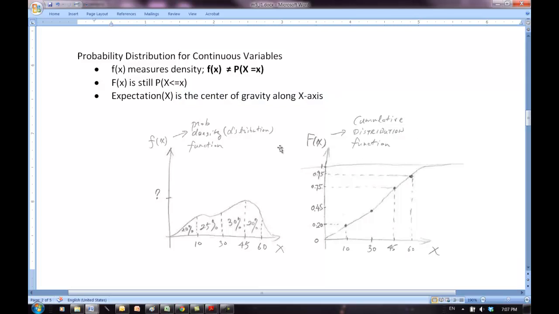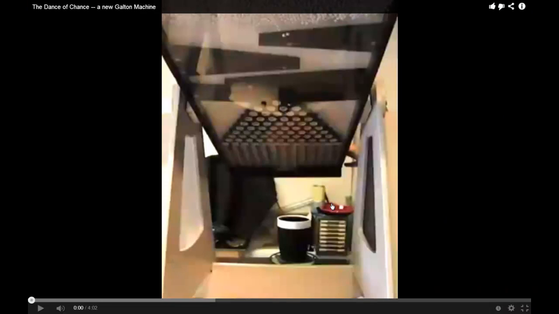So now we will turn to the Galton machine. This is a video I found on YouTube about the Galton machine. The Galton machine is a gadget invented by Francis Galton, another founder of modern statistics, to demonstrate a number of important principles in probability. So let's watch a little bit together.